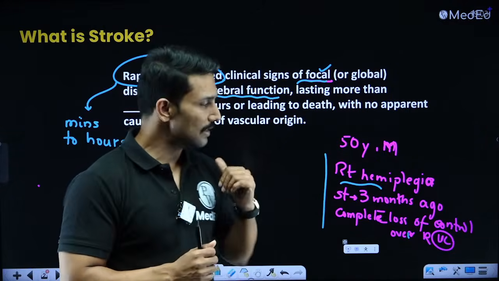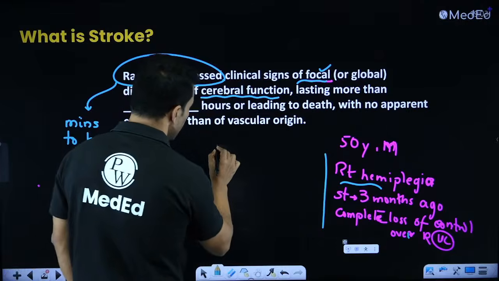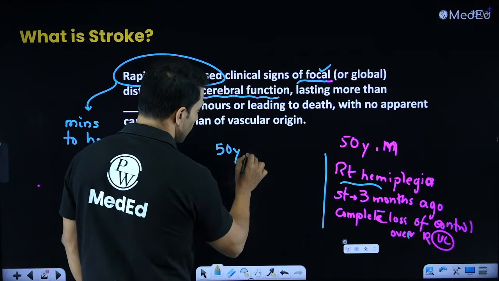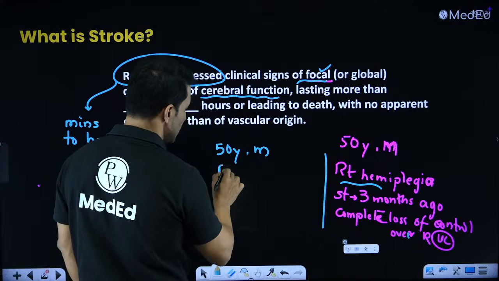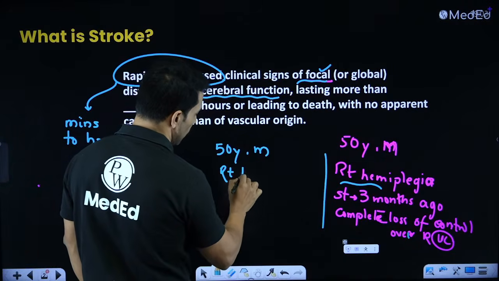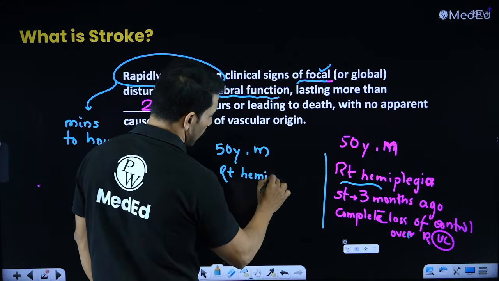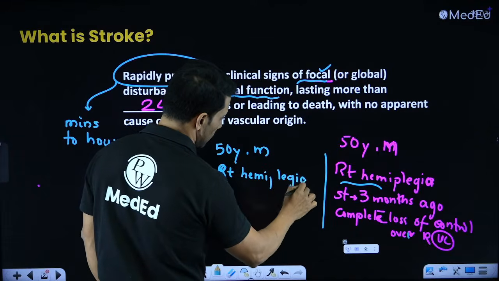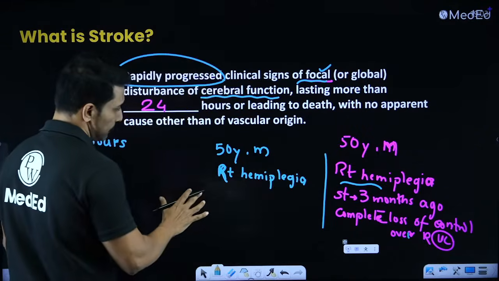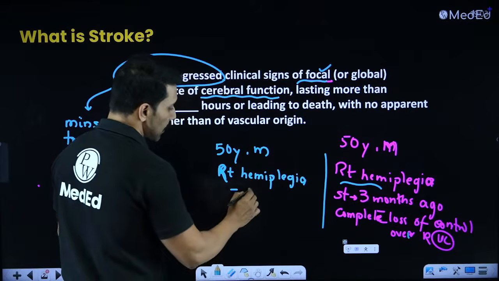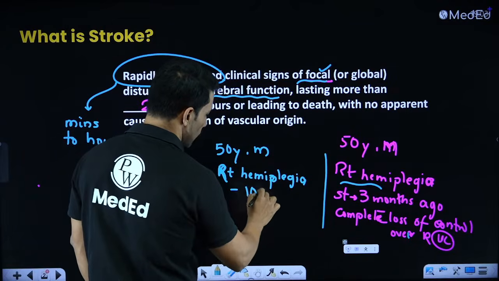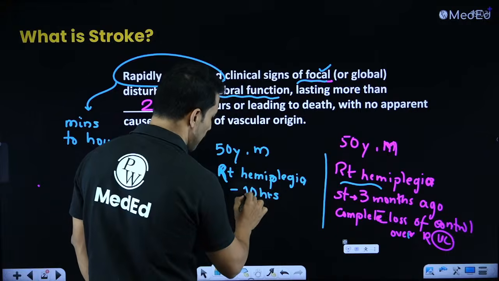Okay. Let us say there is another patient who is also 50 years old and also male. He also has right hemiplegia, and the symptoms have started just 10 hours ago. So it has progressed rapidly.